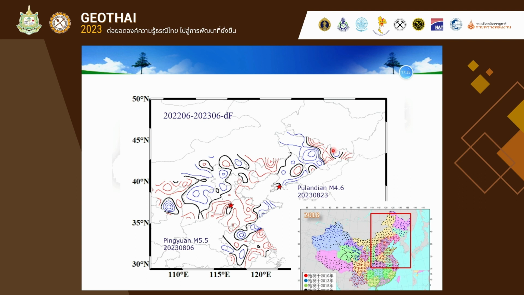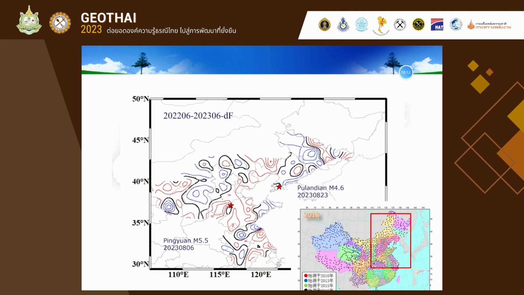Here is the relationship between earthquakes and zero. Here are two very new earthquakes in August, in North China, and we use the red curve to describe positive, the blue negative, and the black curve to describe zero. You can see these two earthquakes exist on or around zero, and this is the total intensity.